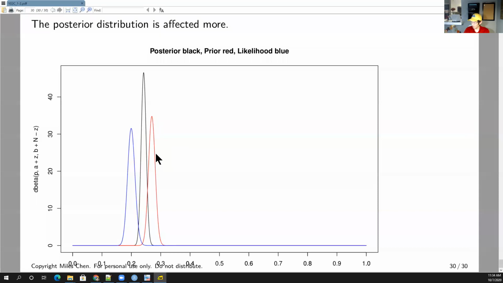This represents the prior distribution. This represents what's happening with the slump, and so the posterior distribution ends up shifting quite a bit more towards the direction of all of the data that you have.